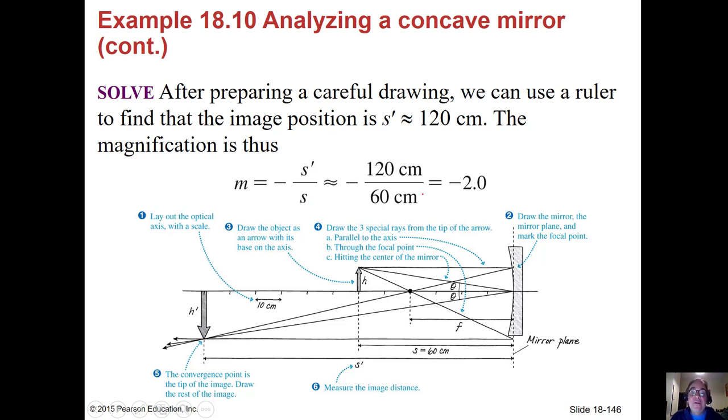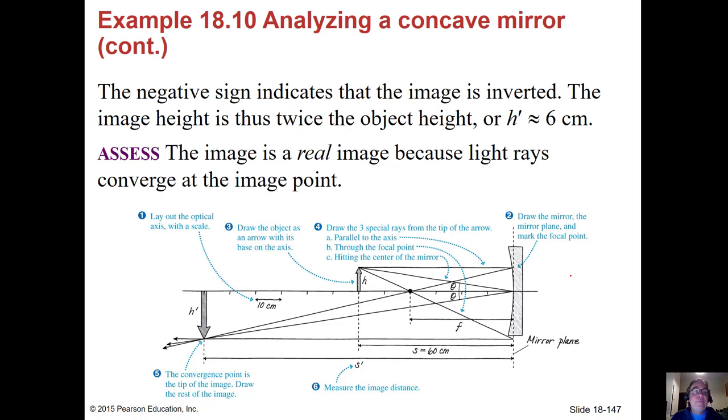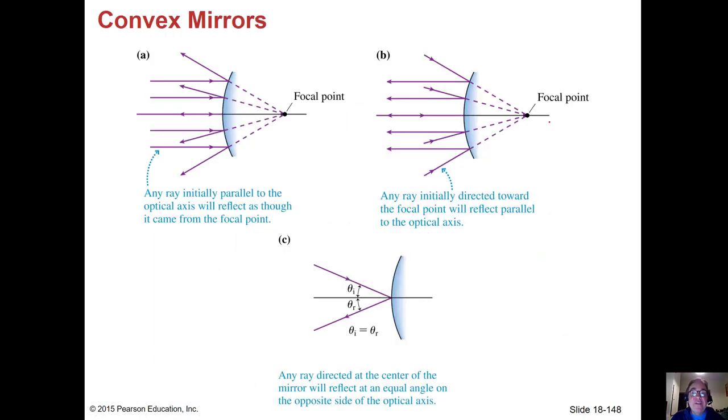So the magnification is -2. The negative sign means it's inverted, and the 2 means it's twice as big as the object. Okay, very good. And that's what I've said here. So if it's twice as big, it turns out to be a magnitude of 6. Okay, inverted, real always go together.